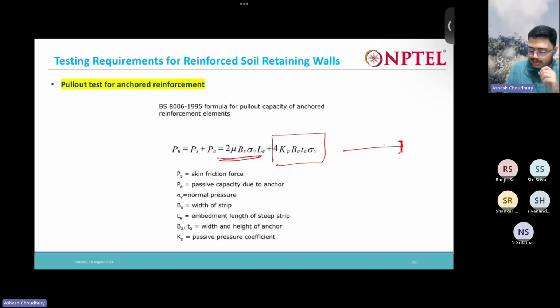When you pull this side, you will have some passive resistance that develops here. That passive resistance is given by this expression. The frictional resistance plus the passive resistance will give you the ultimate pull out capacity for an anchored reinforcement.